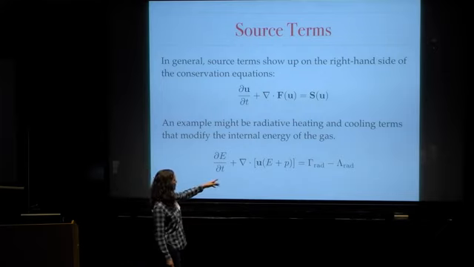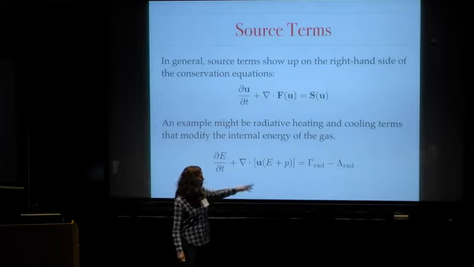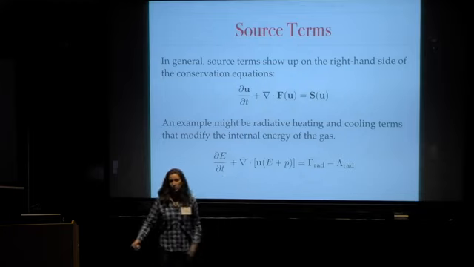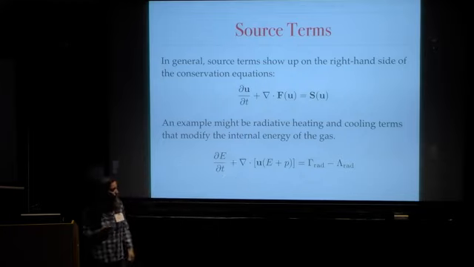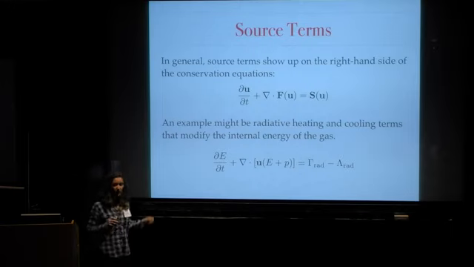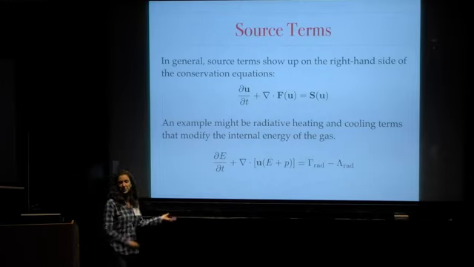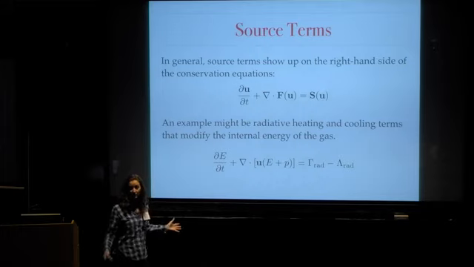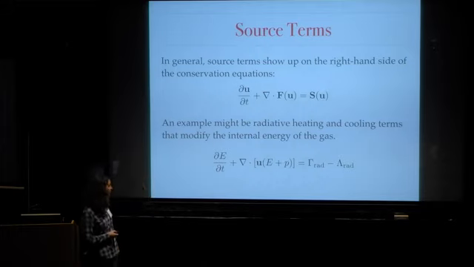If I have some heating source term, maybe photoelectric heating, and then some cooling source term due to optically thin radiative cooling of the gas, the question then is, what do we do with these terms that we haven't taken into account at all in our solution to the hydro equations yet?